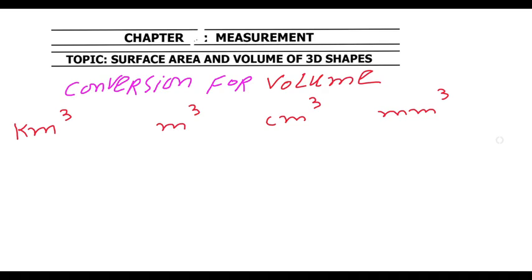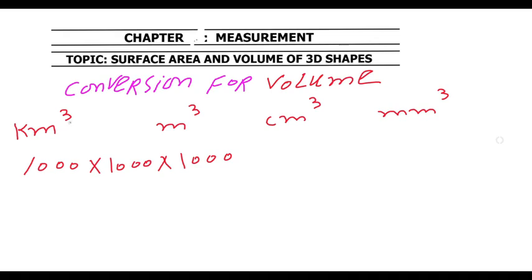Now the volume is always on the top, you're going to write cube. The power is cube. Normally I earlier showed you between kilometer and meter is 1,000. So now when you have to convert for volumes, that means 1,000 multiply 1,000 thrice, multiply 1,000, and that will give you, I use my calculator, 1 billion.